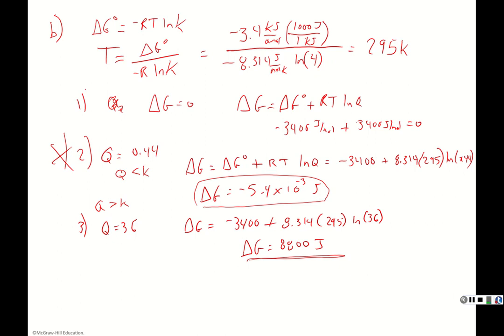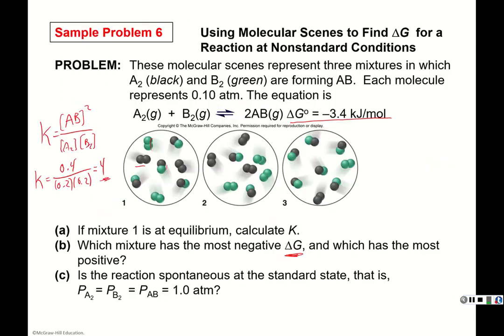And then finally, let's remind ourselves what the question was. Is the reaction spontaneous at the standard state? That is, everything has a partial pressure of one atmosphere. So how would we solve this? Well, we would need to calculate a Q for that condition. We could use the partial pressures now.